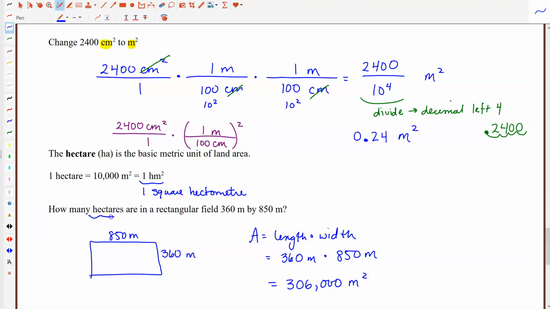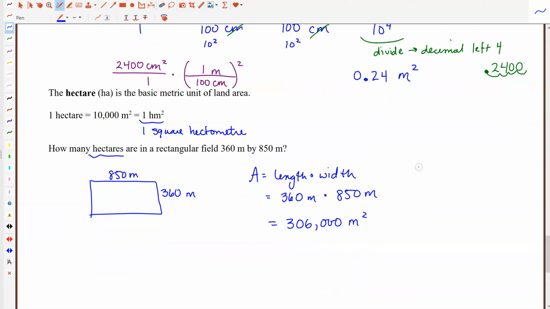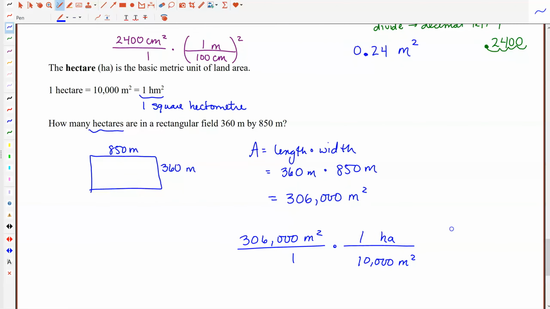All right, so we now need to convert that. So I'm going to take my 306,000 square meters and put it over 1. And the relationship between square meters and hectares is there are 10,000 square meters in 1 hectare.